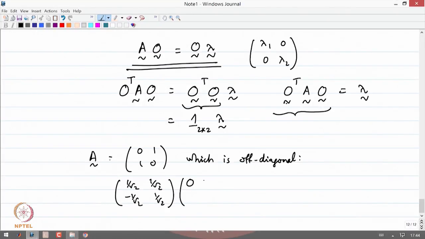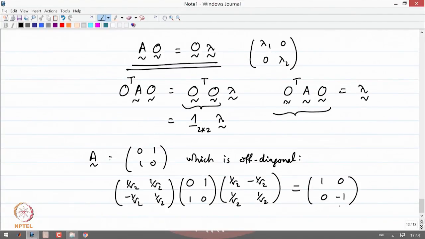Now you put this matrix in between the two orthogonal matrices, 1 by root 2, 1 by root 2, minus 1 by root 2, 1 by root 2. You see that what you have got is the eigenvalue matrix 1 0 0 minus 1. Therefore you have diagonalized this matrix.